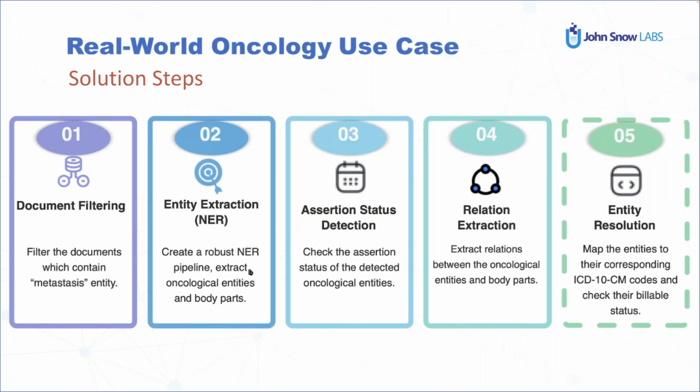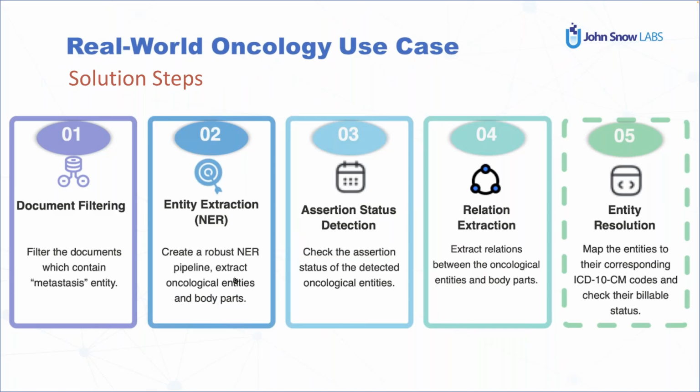There may be more than one oncological entity and also more than one body part entity in the same document, right? So we need to check whether those entities have a relationship or not, to get some insights for the metastasis use case, if it is spreading to the other body parts.